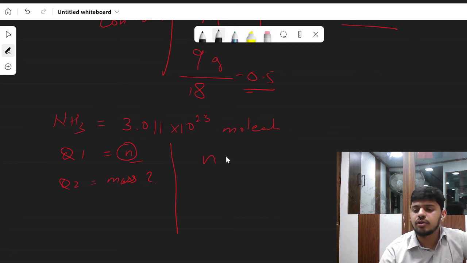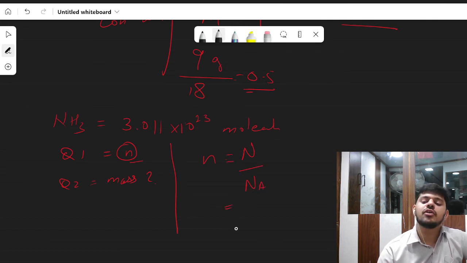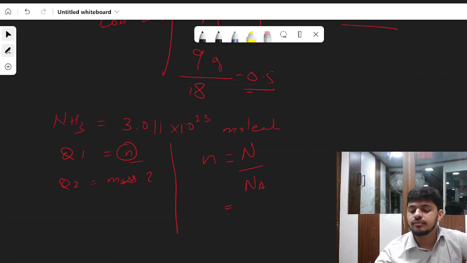Simple. Number of moles is equal to the given number of molecules divided by Na. So tell me what will be the answer. Tell me in the Zoom chat. Very good, 0.5. How about others? Did you calculate it?